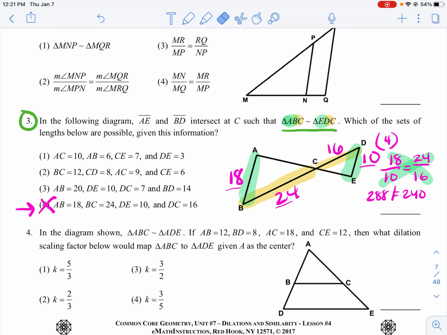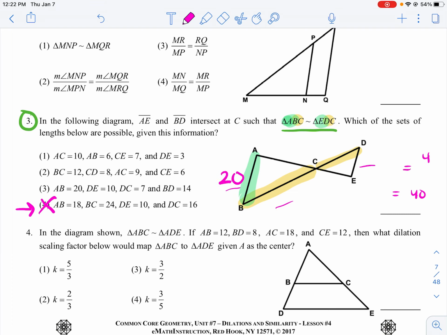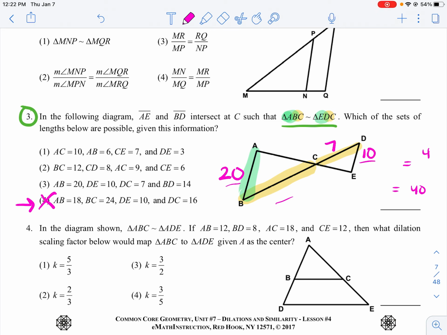So it sort of stinks, but now we just have to go through. I'm going to keep those highlights on and see if choice 3 works. Okay, so now let's do the same thing. I'm going to put in 20 for A to B, DE 10, DC 7, BD.